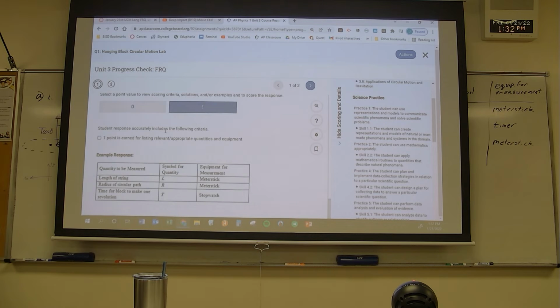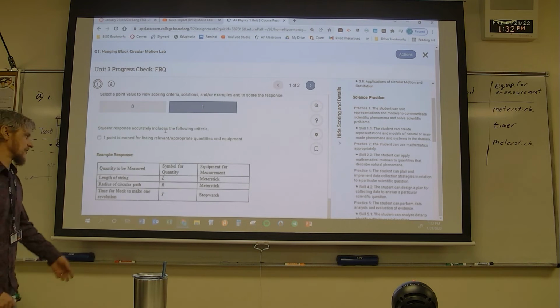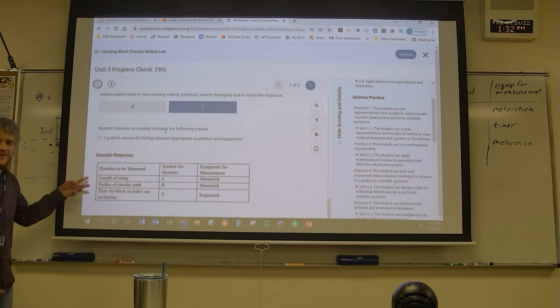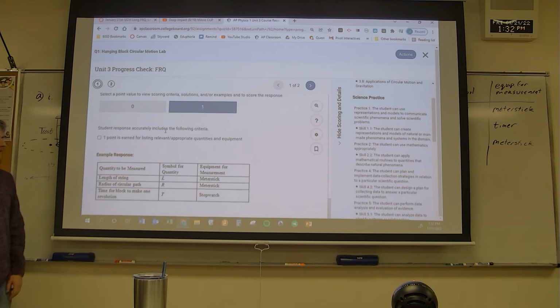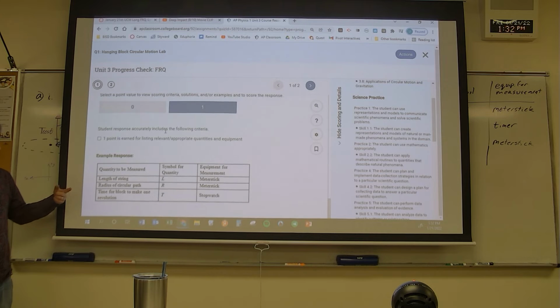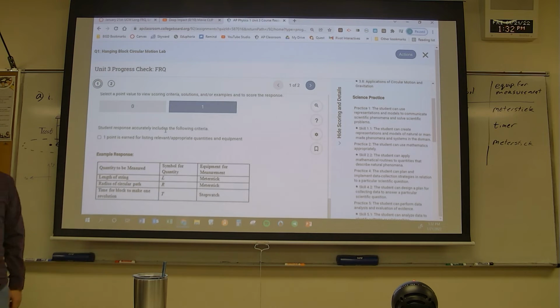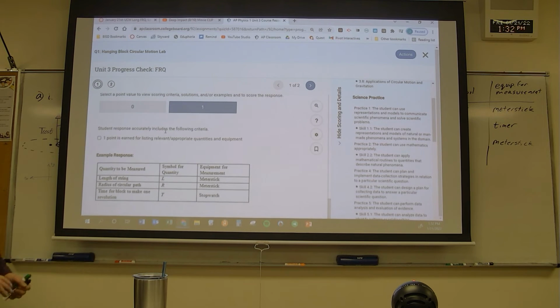Depending on the person, if they're feeling lenient, maybe they take 2. But those are the 3 things you absolutely need in order to determine g. There's no other way of doing it. Length of the string, radius of the circular path, time for the block to make 1 revolution, or the period.